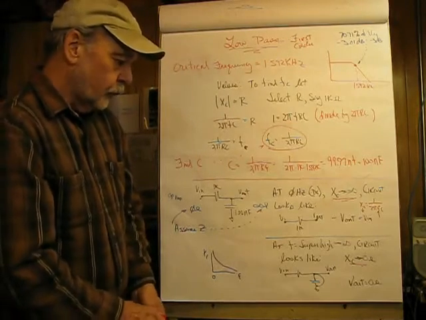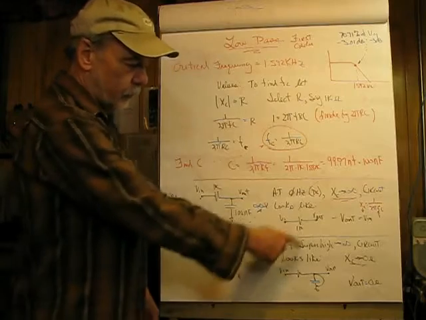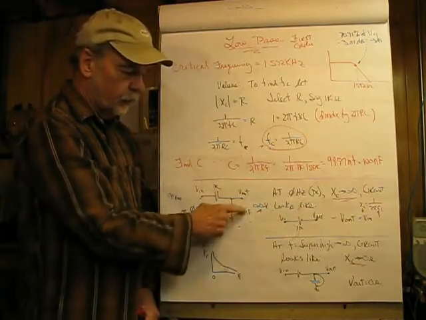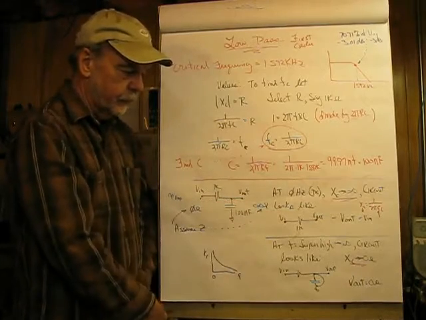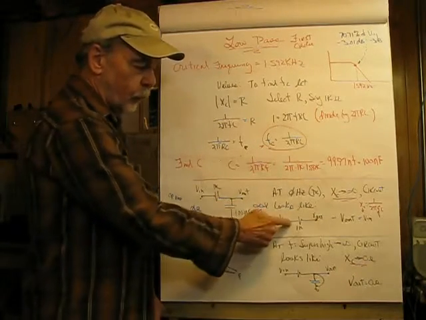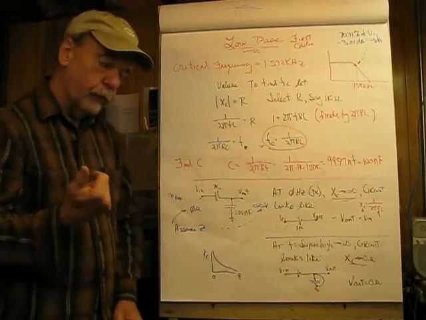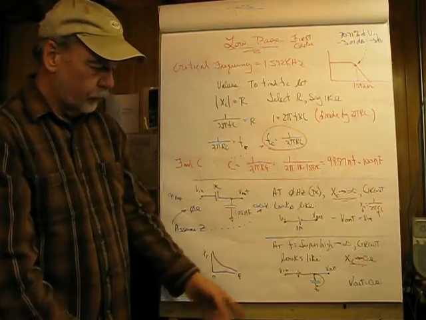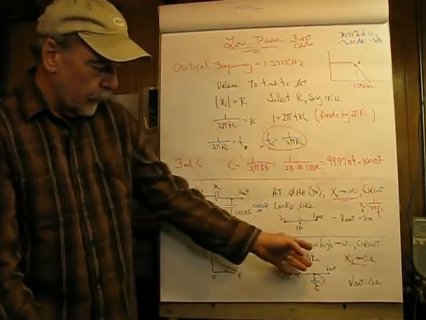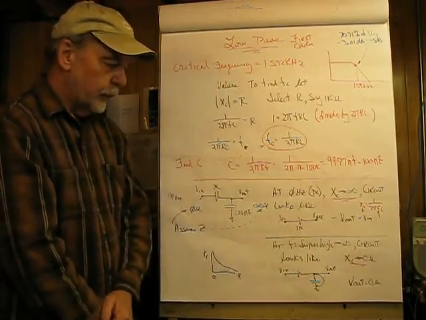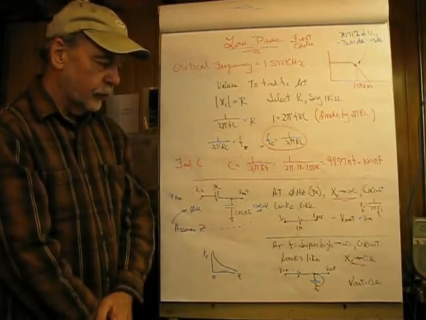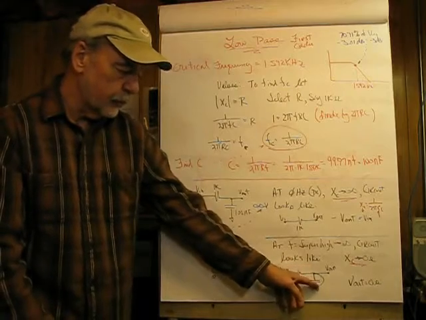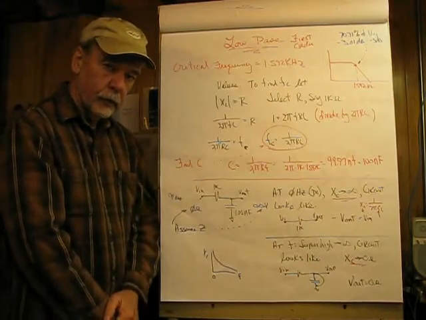So let's see here. At low frequencies, since our capacitor looks like an open circuit, V out is going to be equal to V in, and that assumes, of course, that we have an infinite resistance loading out here where we're not having any current flow through the 1K resistor. Now at high frequencies, the frequency goes to infinity, X sub C goes to 0, as we see here, and the capacitor appears in the circuit as a short.